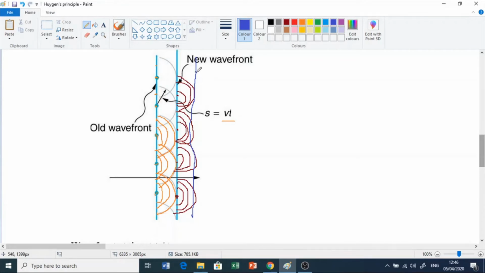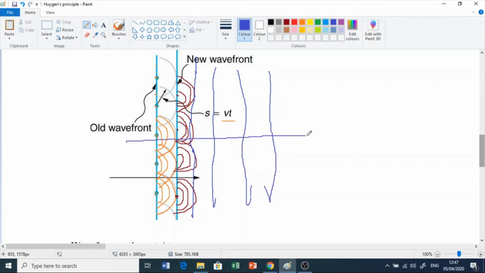Similarly, each point on this wavefront is going to act like a new source of waves, and then again we are going to produce some waves, and then we are going to draw another tangent line, so the light is going to propagate toward that direction, and these are the wavefronts, and the production of the wavefronts is explained by the principle of Huygens.